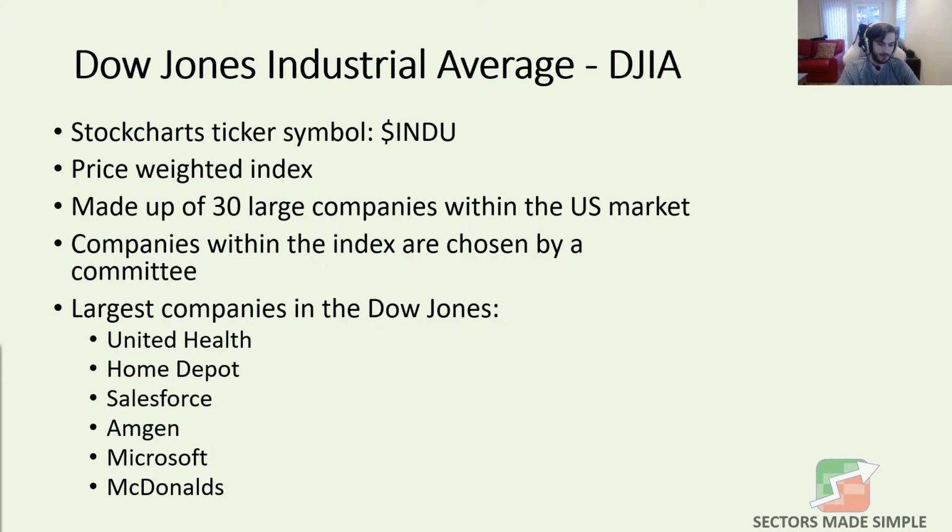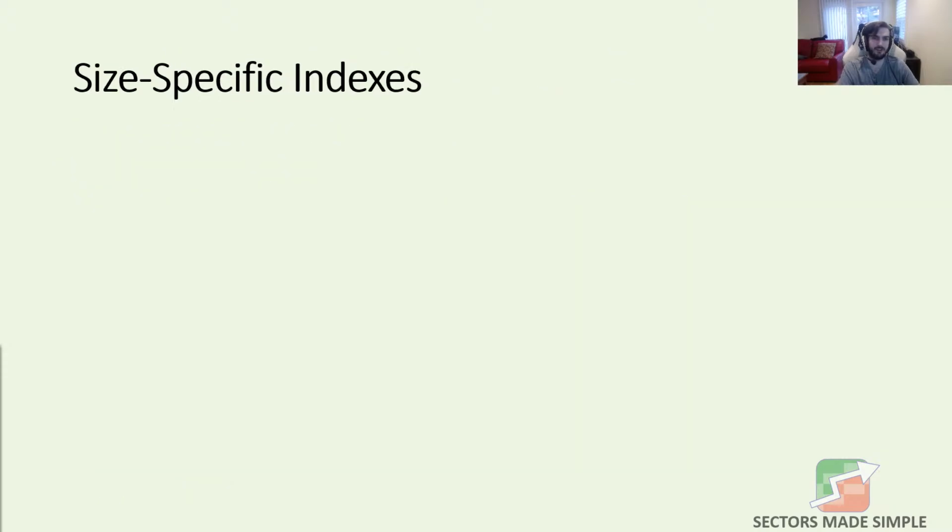But what about the little guys? What about the guys that aren't little, aren't the 30 largest, but are somewhere in the middle? Because those companies matter too. That's where we have size-specific indexes.